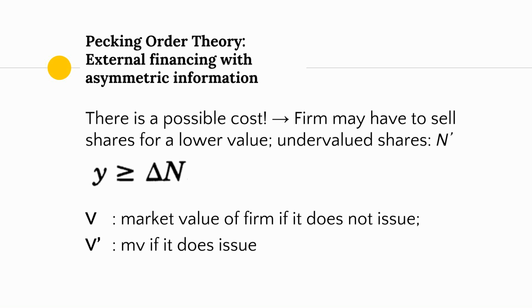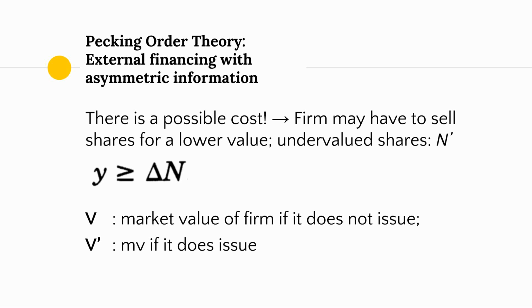In this case, let V be equal to the market value of the firm, the price of the shares times the number of shares, when it does not issue. V prime, on the other hand, is the market value if it does issue shares. V prime includes the value of the newly issued shares, of course.